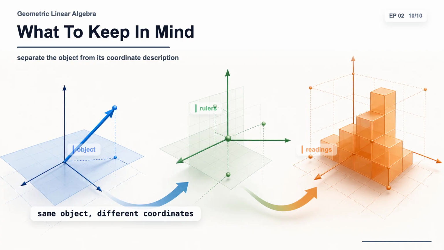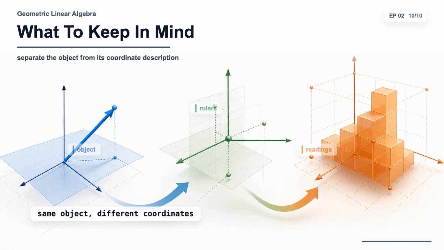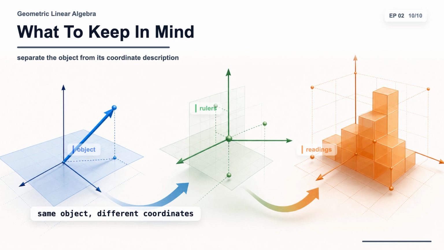A basis is a non-redundant set of directions that can describe the whole space. Coordinates are the coefficients of a vector in a chosen basis. So whenever you see a coordinate vector, ask, which basis is this written in? In the next episode, we use this foundation to understand matrices as transformations of the entire space.